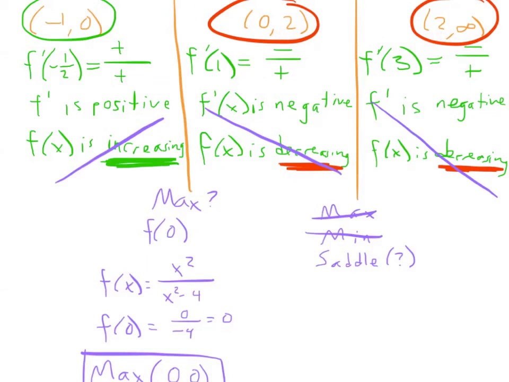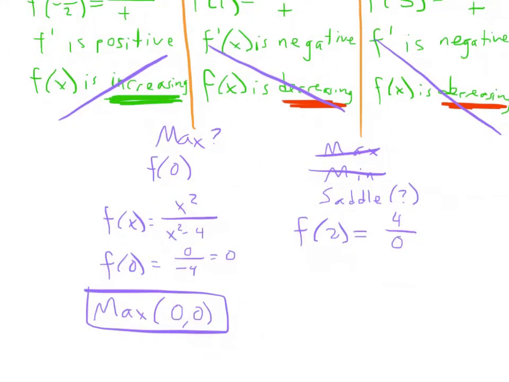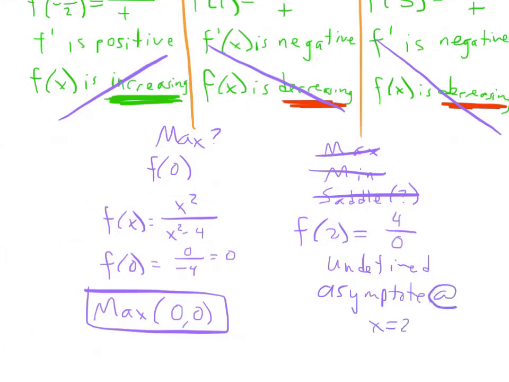And so what I need to do is evaluate f of 2. Well, if I plug that in, I'll have 4 on top, 0 on the bottom. That means we are undefined here, which means it's not a saddle point either. This thing was probably an asymptote. Right, so I have an asymptote at x equals 2.